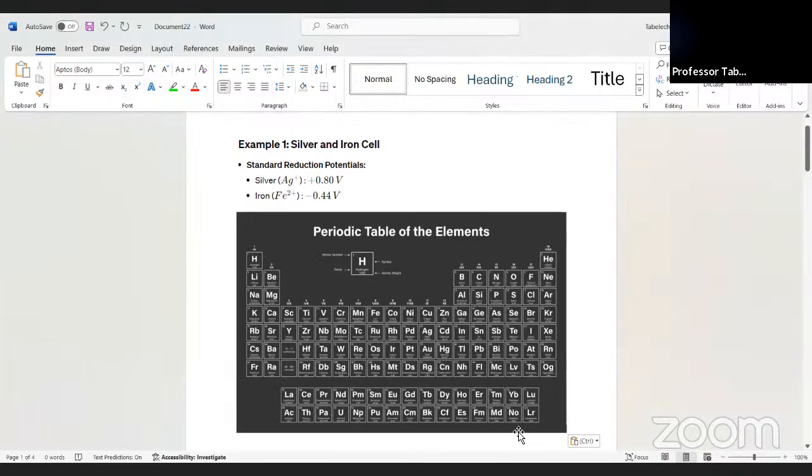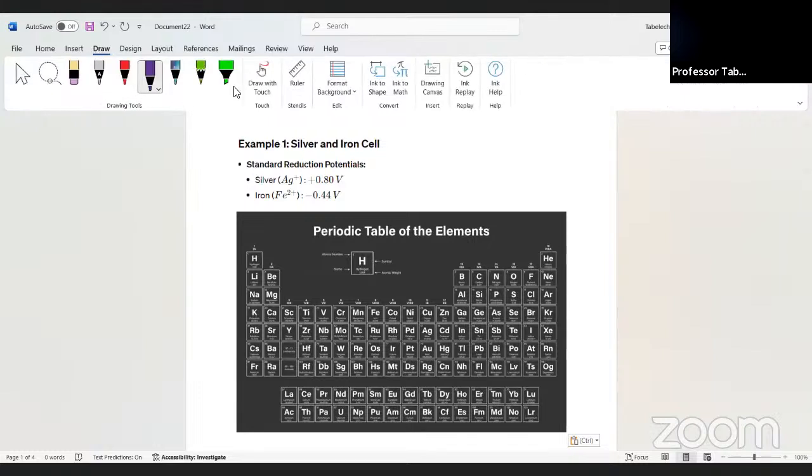There we go. All right, so look at silver. Let's find silver, and then let's find iron. So here's silver right here, and then here is iron. Now, if you take a look, silver is further right.